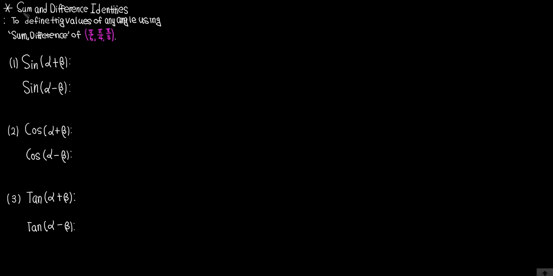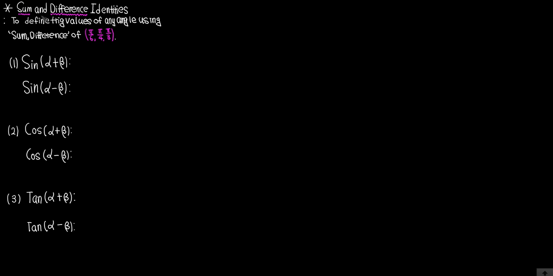So in this video, we are going to talk about the sum, which means additions, and the difference, another way to say subtraction, identities. That is the most useful and often used in trigonometry, along with the Pythagorean identity, and we use it to define the trigonometric values.